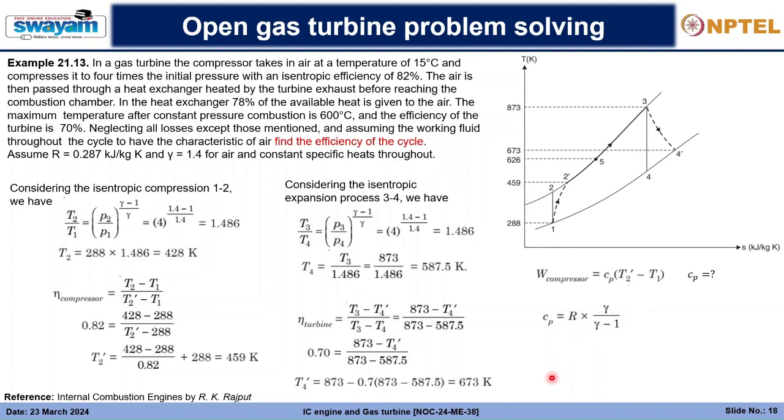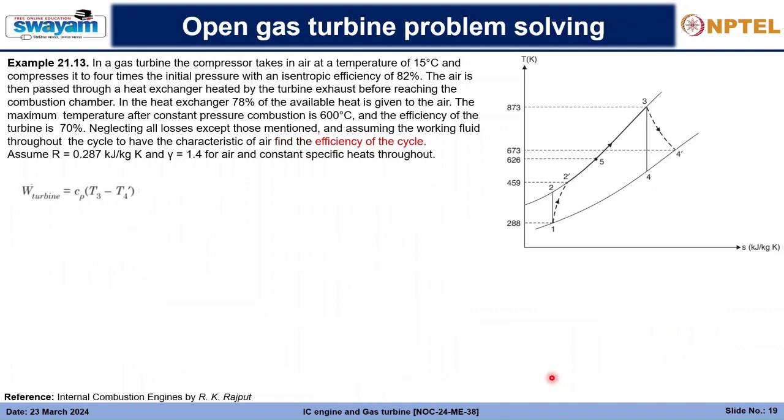So that way you can calculate the value of Cp, and the Cp value comes out to be 1.0045 kilojoule per kg Kelvin. Finally, the work of compressor we will get 171.7 kilojoule per kg.